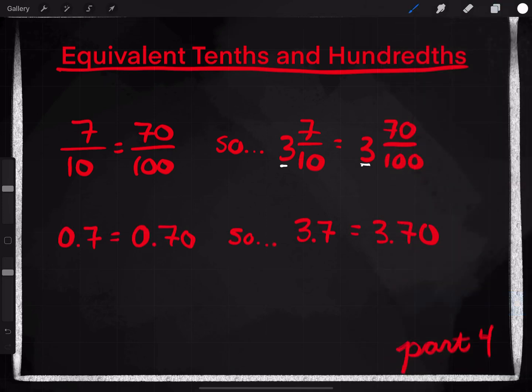Now, if you made this into a decimal, 7/10 is still equal to 70/100. There's a 0 added here, but it means the same thing. And so if you made this into a decimal, it would also be the same. 3.7 equals 3.70. Same thing.